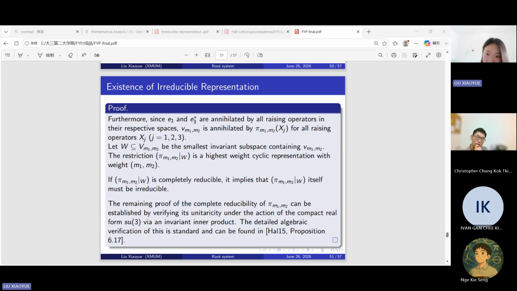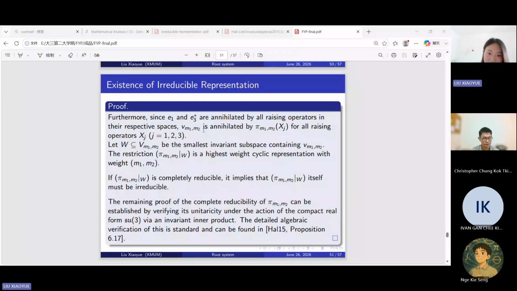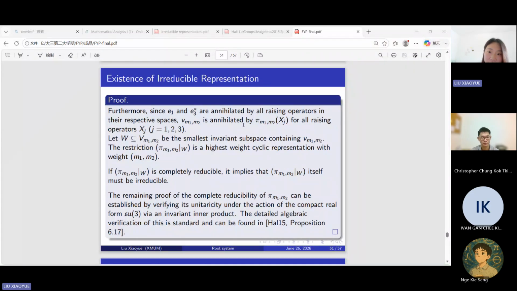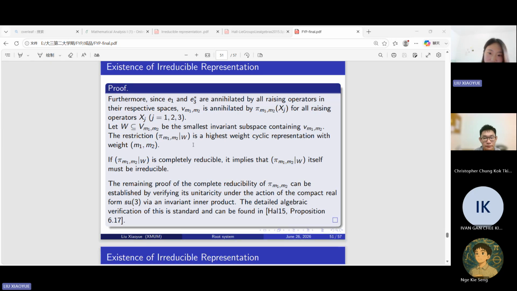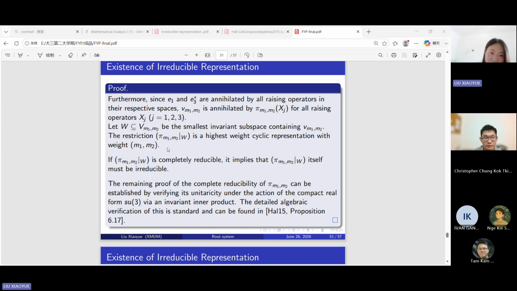Then we can prove that E1 and E3 are annihilated by all raising operators. So the vector for (m1, m2) is also annihilated by the raising operators. Then we define W as the smallest invariant subspace containing the highest weight vector, so the restriction is a highest weight cyclic representation.